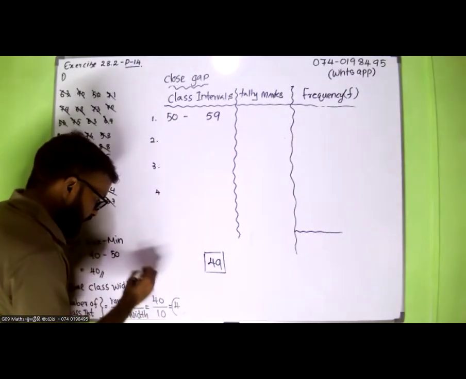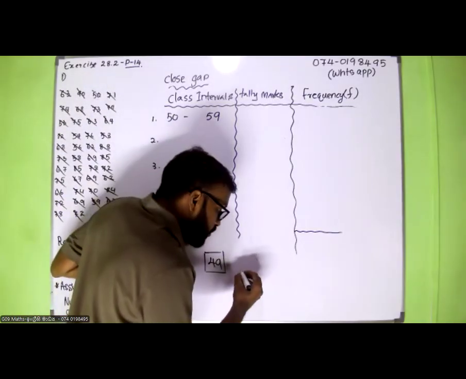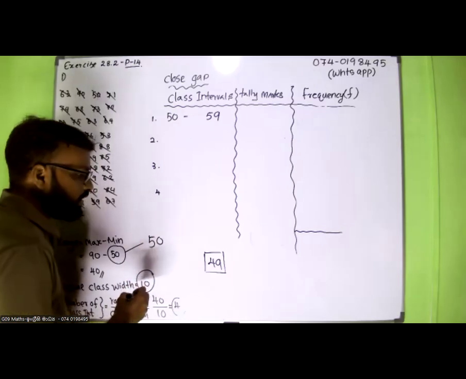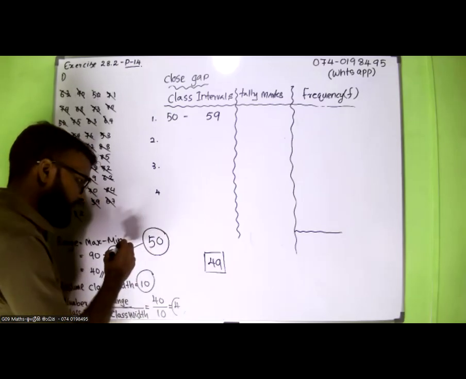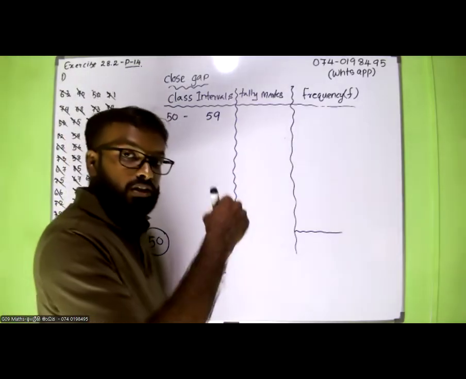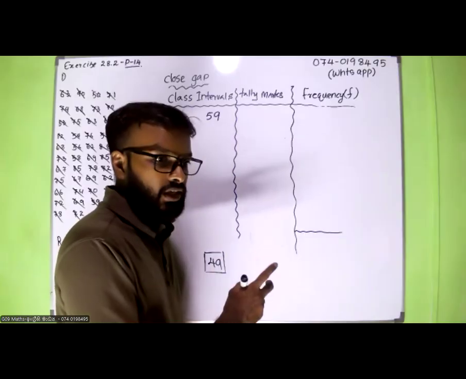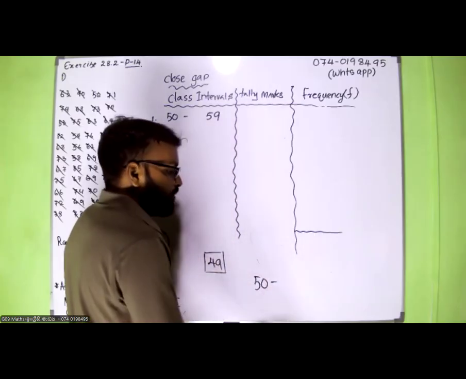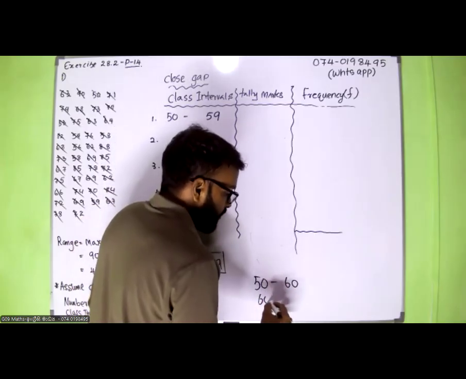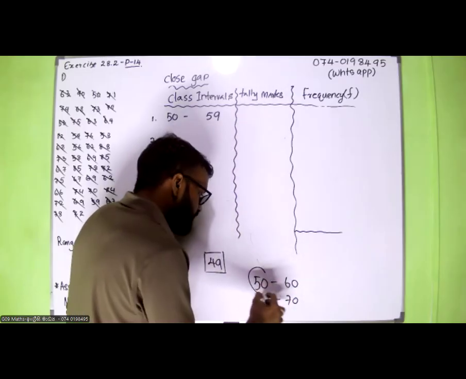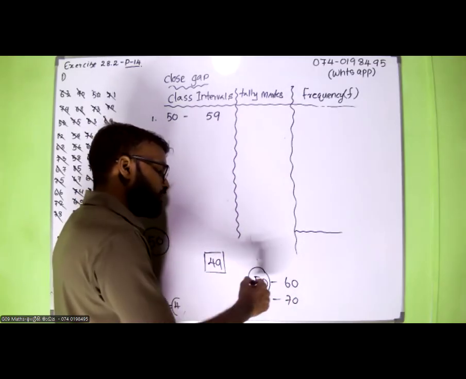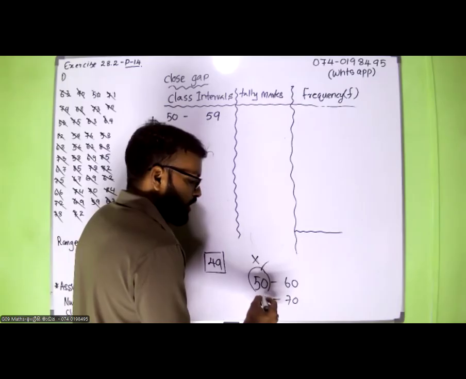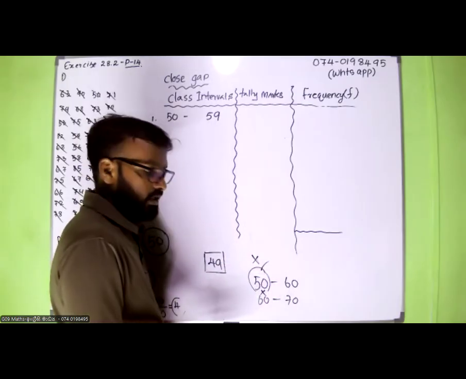The class width is 10, and also the minimum value of the data set is 50. If you want to put this 50 into one of these class intervals, you cannot start the first class interval from 50 if you are using the closed gap, because you cannot put this 50 into the first class interval, and you cannot put this 60 into the second class interval.